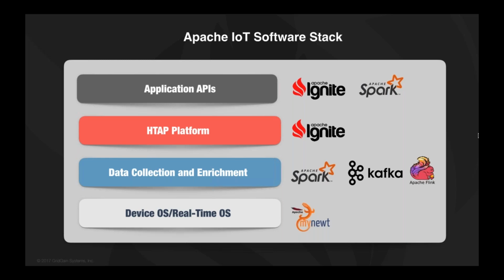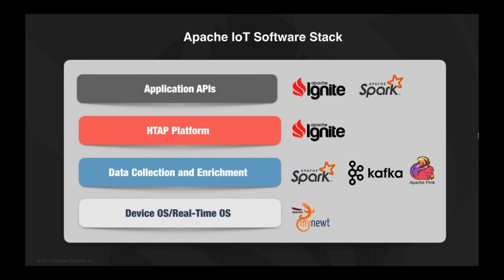If we talk about Spark, once you deploy Spark as your data collection and enrichment layer, Spark will be able to get the raw information from the real-time operating system, from your sensors. It will be able to enrich it. Basically, enrichment means that you take some raw data and add useful payload to it, like daytime.